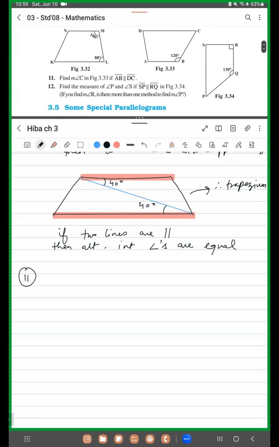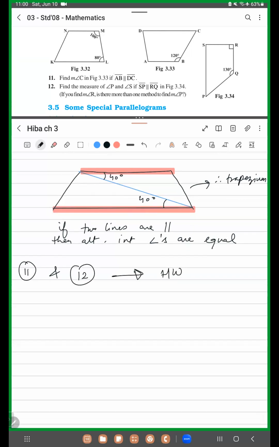That is also simple. It's very similar to the previous one, isn't it? So can you take the 12th one also as homework? I will try to do it. They're very similar, Hiba.